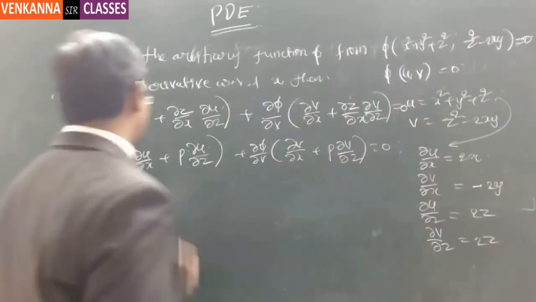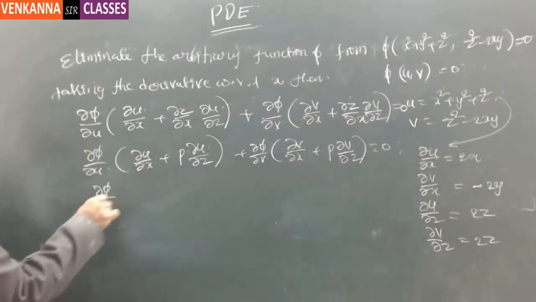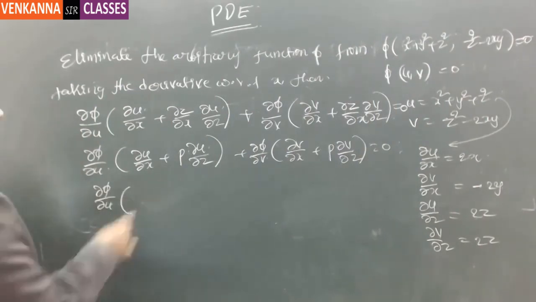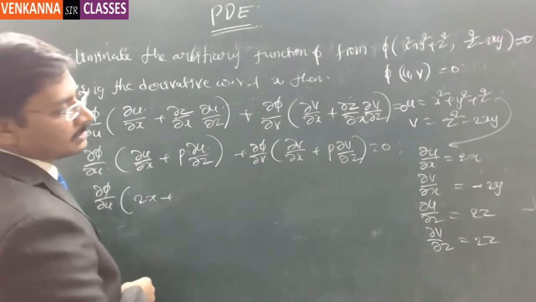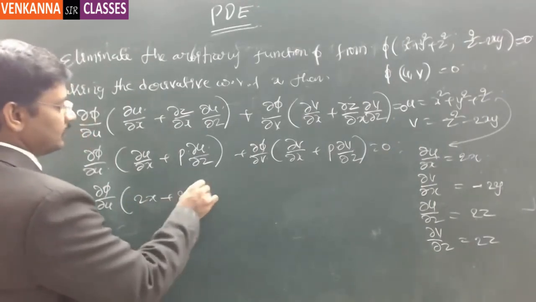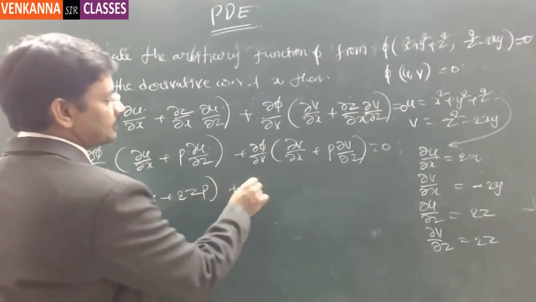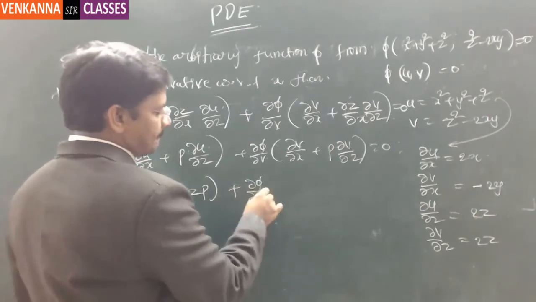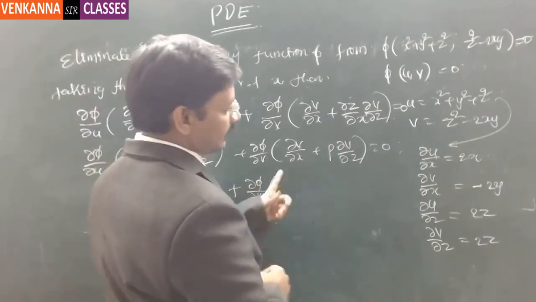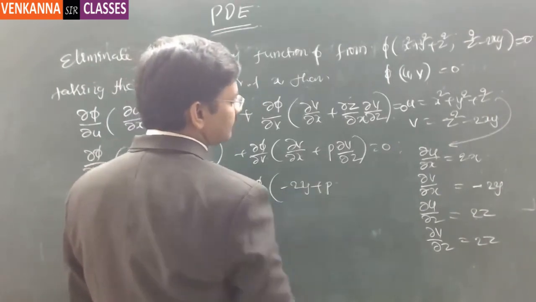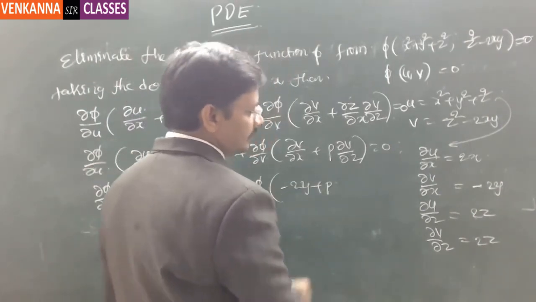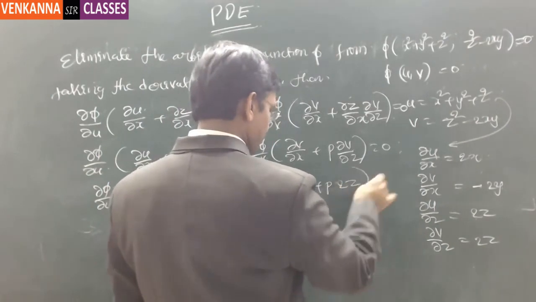So if you replace it here, dou phi by dou u into dou u by dou x is 2x, plus dou u by dou z is 2z, 2z into p, plus dou phi by dou v into dou v by dou x, which is minus 2y, plus p times dou v by dou z, which is 2z, is equal to 0.